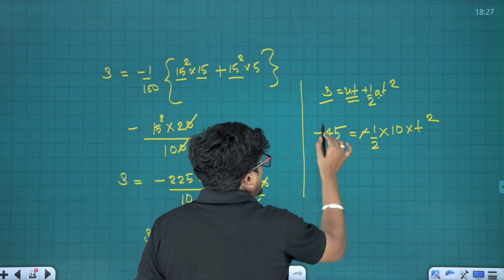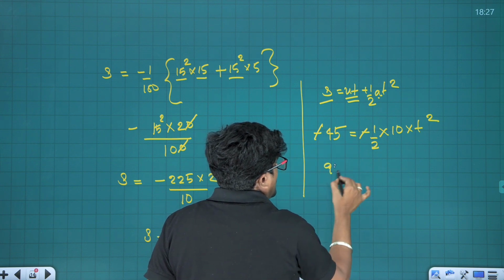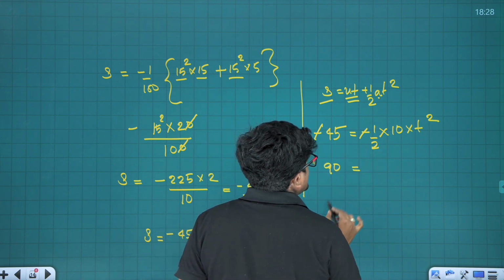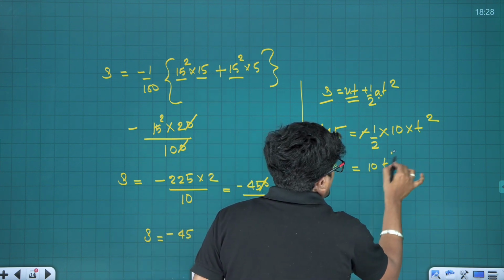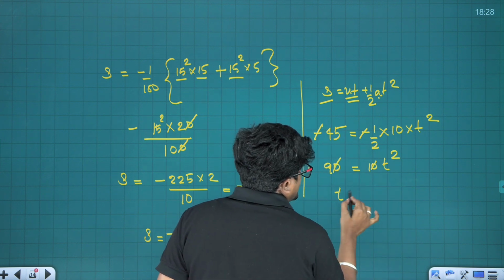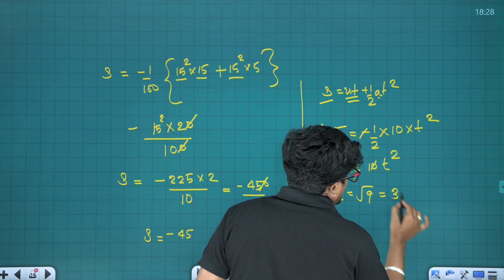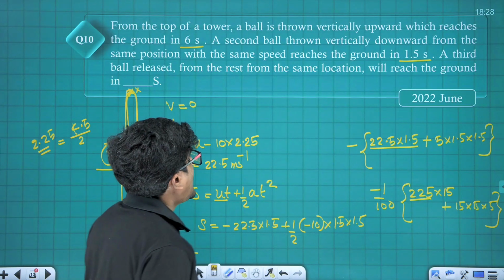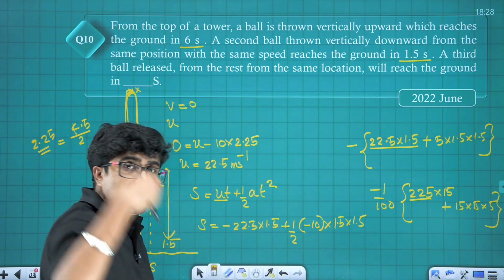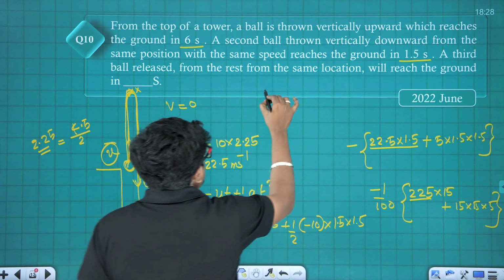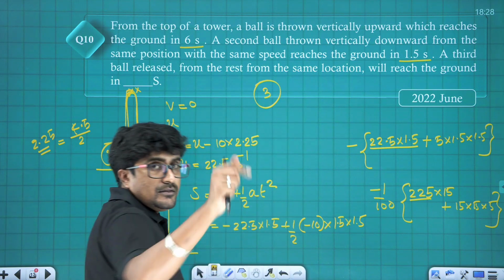So of course minus and minus will cancel. Here this is going to be 90, that is equal to 10 times t square. Now what is t? T is coming as root of 9, that is 3 seconds. So the time taken for the ball which is dropped from the same height is 3 seconds.